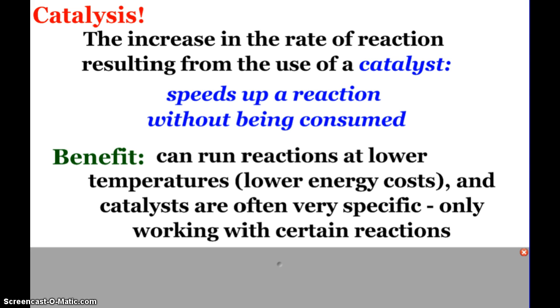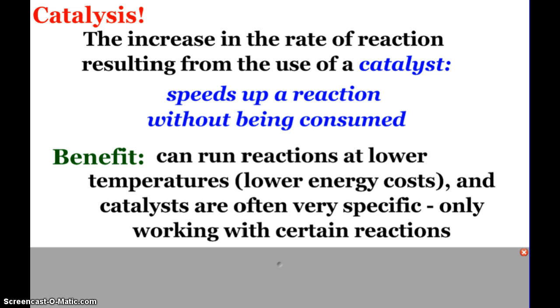Why do we look at catalysts? Well, obviously there are many times when we want a reaction to go faster than it does naturally. But especially in the chemical production world, for example, or in research, if you're researching a reaction that goes very, very slow, you can speed up reactions by increasing the temperature, we've seen that, and also by increasing concentrations, but that means you're using more stuff or you're using more energy in an effort to get that reaction to go, and that costs.